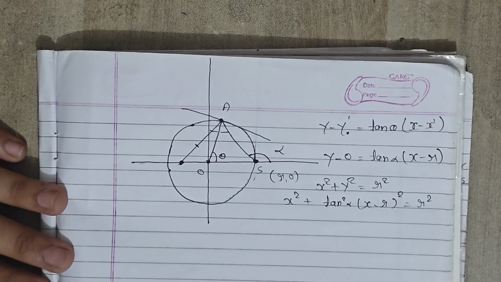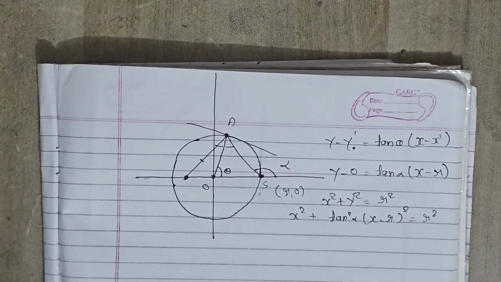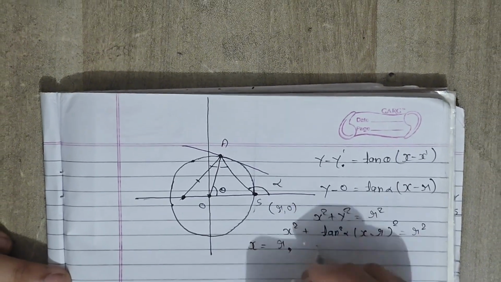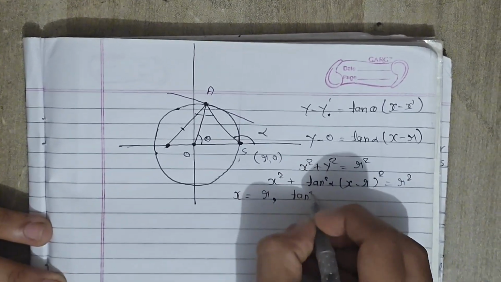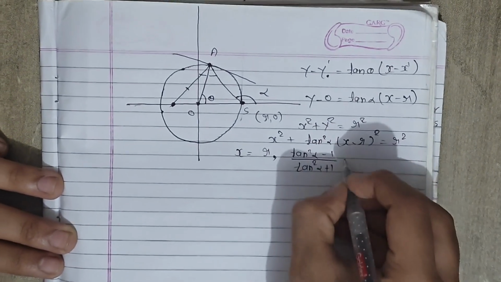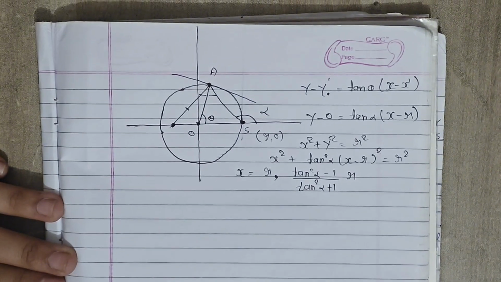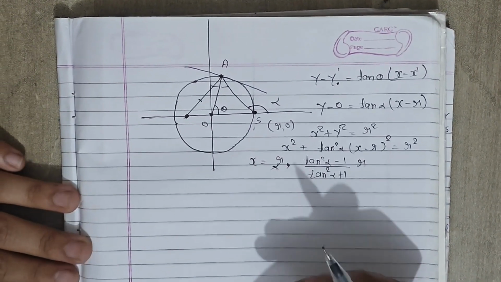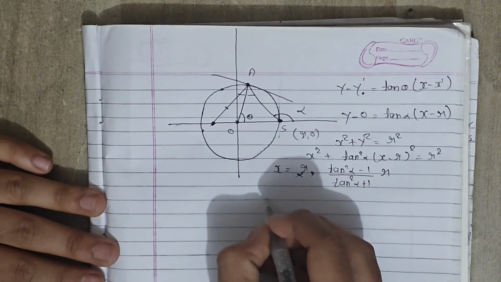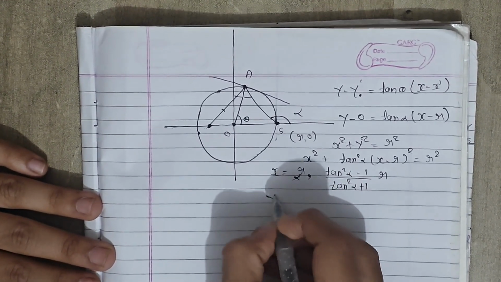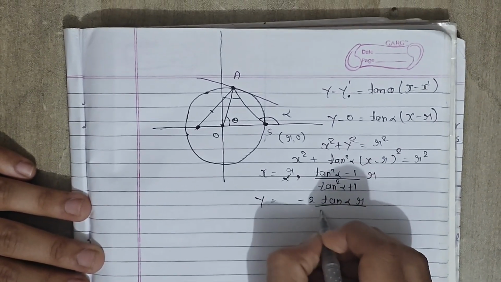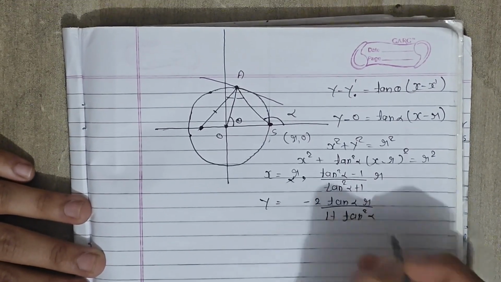For this equation we will get two values of x, because our line AS intersects the circle at two points, A and S. The x values are r times tan square alpha minus 1 over tan square alpha plus 1, and r. The x coordinate at point S is r, but we are not interested in point S, we are interested in point A. So the first value will be the x coordinate of point A, and the corresponding y coordinate will be minus 2 tan alpha r over 1 plus tan square alpha.